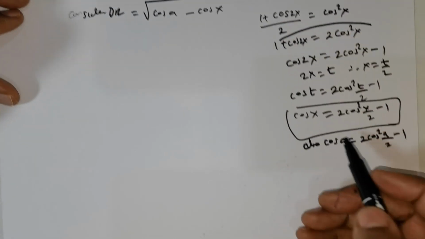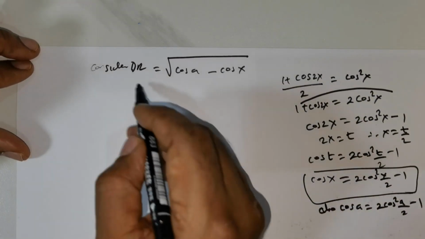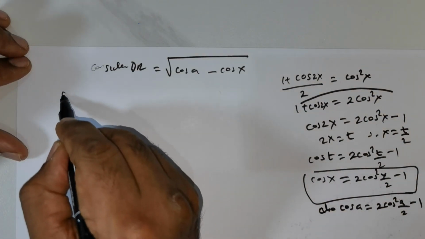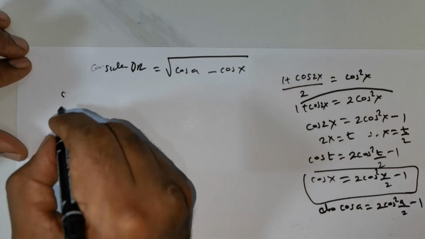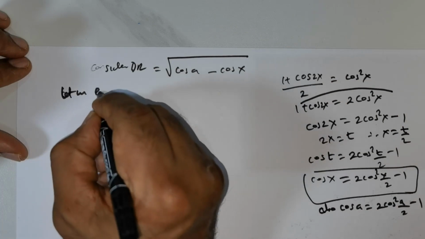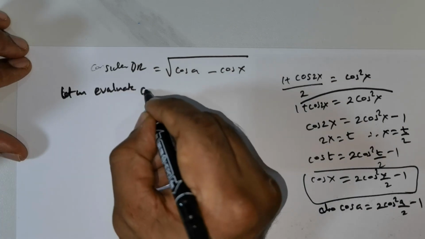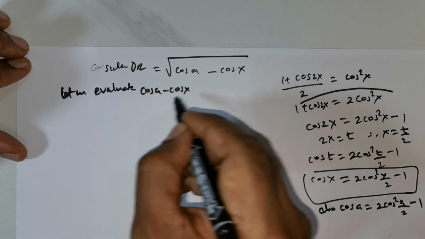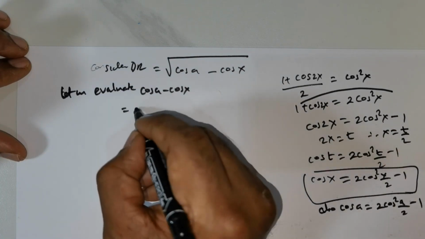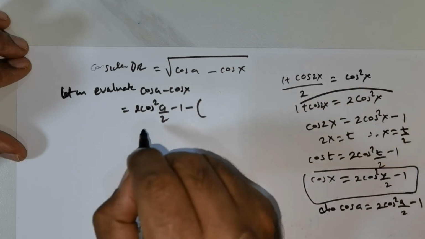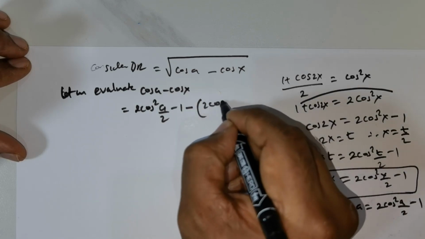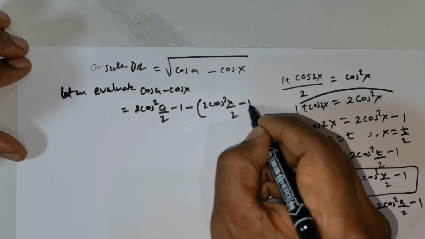So let me substitute these values in the denominator. Instead of saying root of cos a - cos x, let us evaluate cos a - cos x first, which is equal to, in place of cos a I will be substituting 2 cos squared (a/2) - 1, minus, in place of cos x I will be substituting 2 cos squared (x/2) - 1.